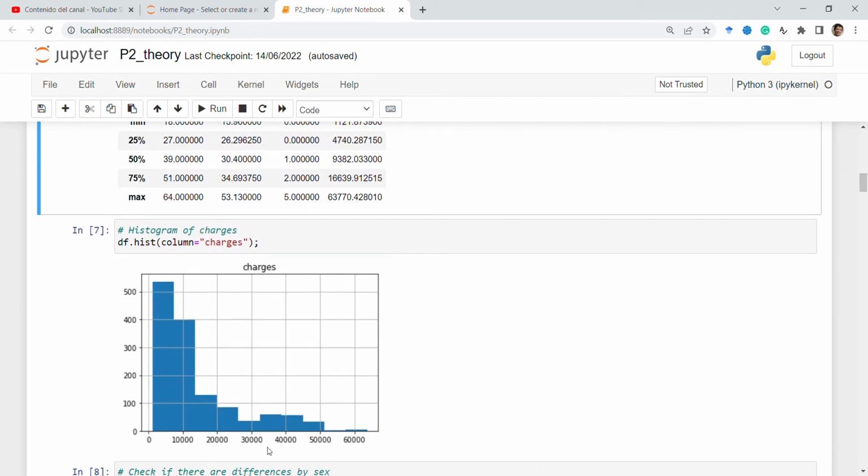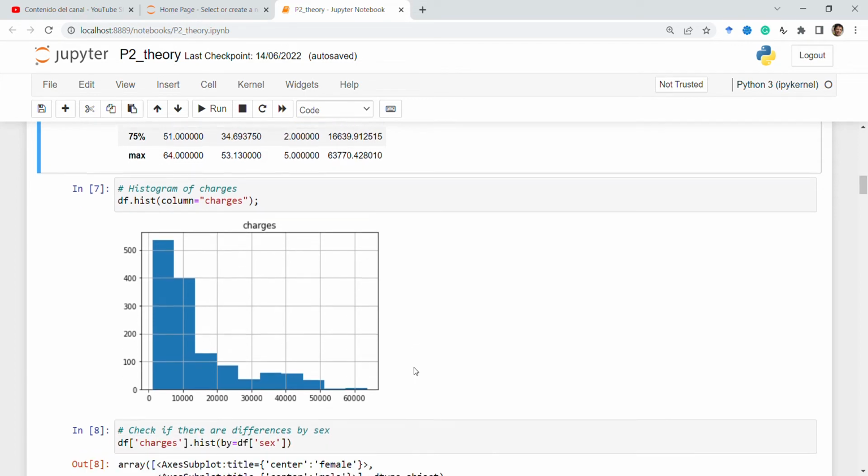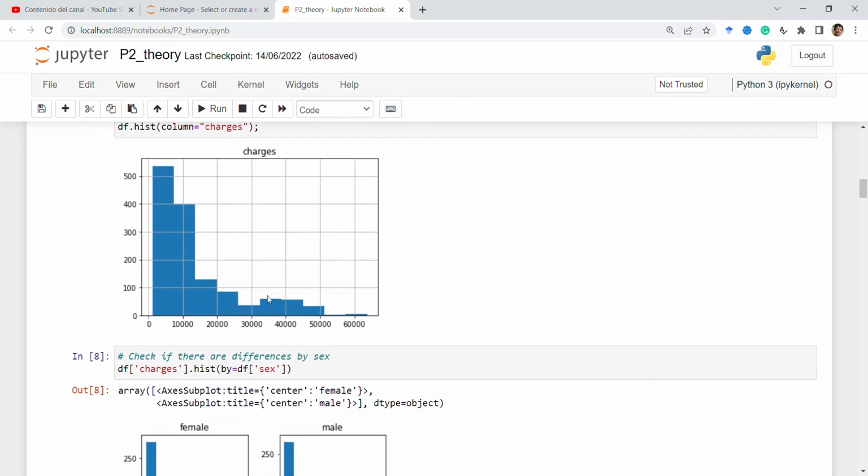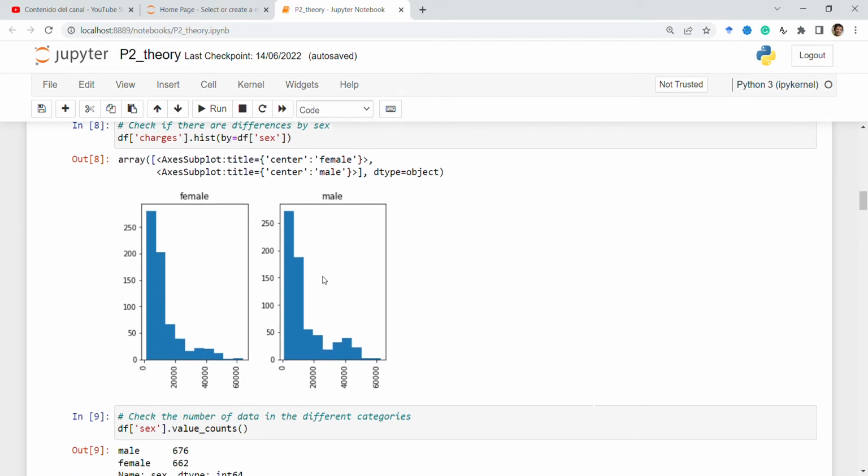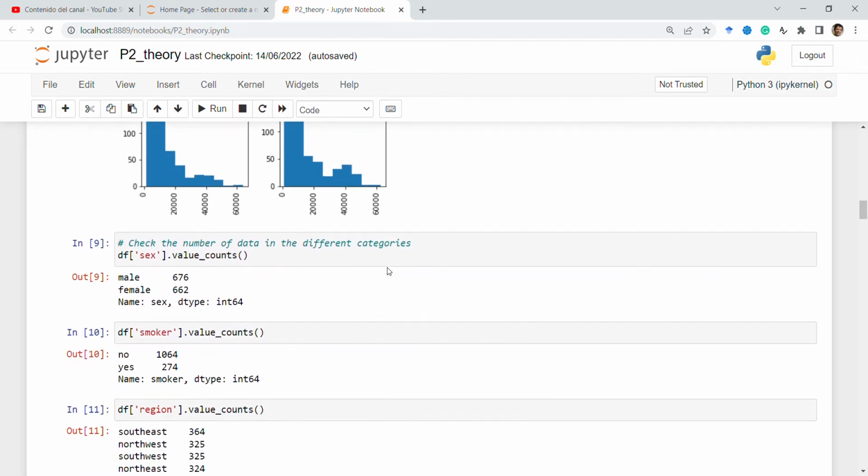Okay, so here we have a representation of the charges. So we will take the upper quarter and we will try to predict whether this person belongs to that quarter. We can also, for instance, make plots of the charges separated by sex, and visually at least it doesn't seem that there is any difference between the two distributions.